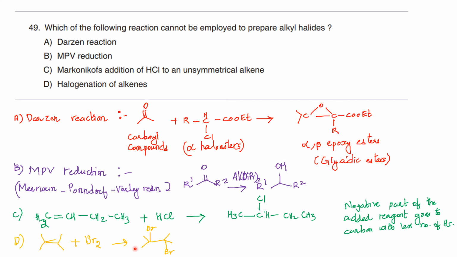So either you can use this method or this can also be considered as a method for halogenation of alkene. So in all the cases, you'll be getting an alkyl halide. So these two are correct ones. But these two options seem to be the ones which do not lead to the formation of alkyl halide. So most probably this question will be cancelled because it has more than one right answer.